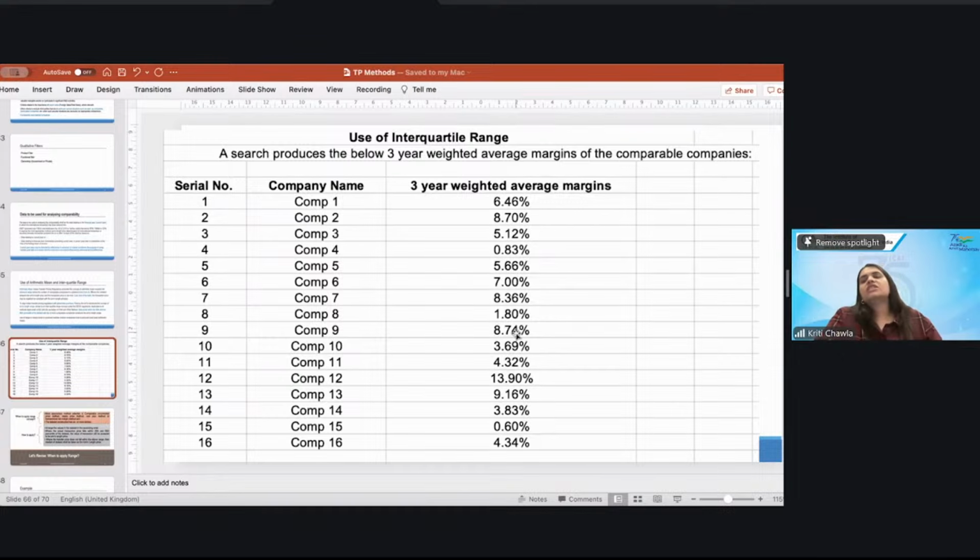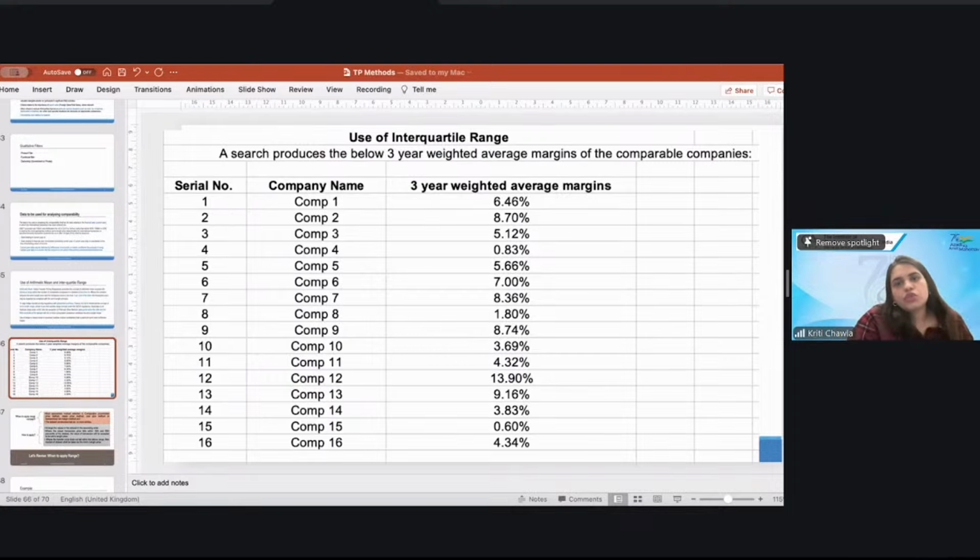Now my question is, how do I compare? Let's say my client's profit margin is 15%. Now how do I compare that to these companies? Well, that is where India has introduced the concept of interquartile range. There was a time before 2014 when we used to have the concept of arithmetic mean.